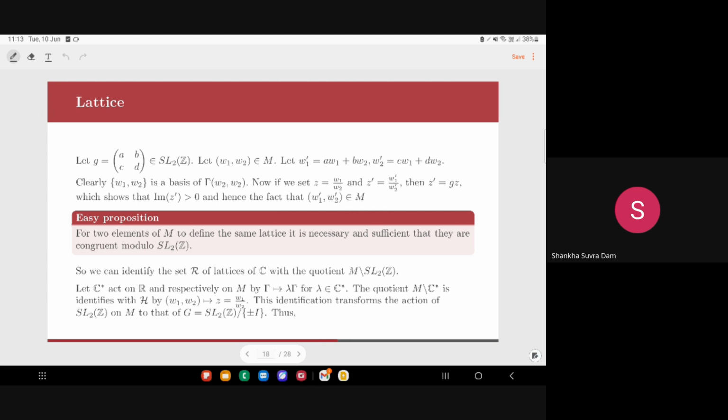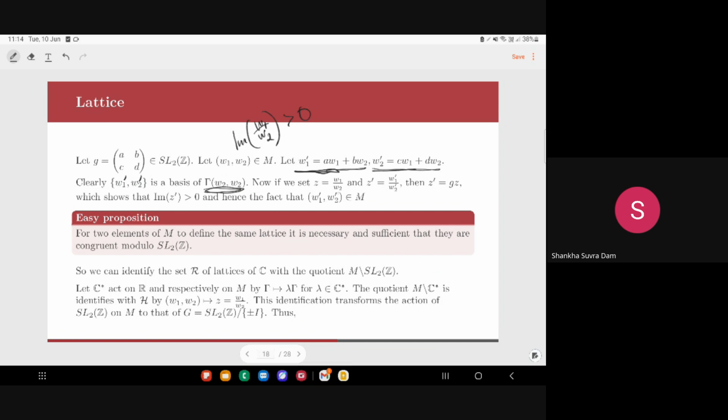Now if we take an element of SL2(Z) and let (W1, W2) be in M such that the imaginary part of W1 by W2 is greater than 0, and W1' is equal to this and W2' is equal to this, then I think I've missed the dash, W1' and W2' is also a basis of this lattice.